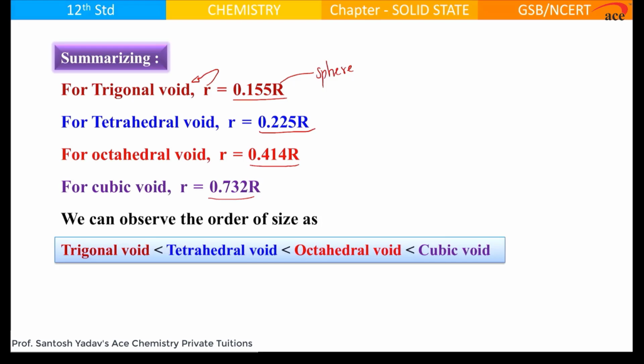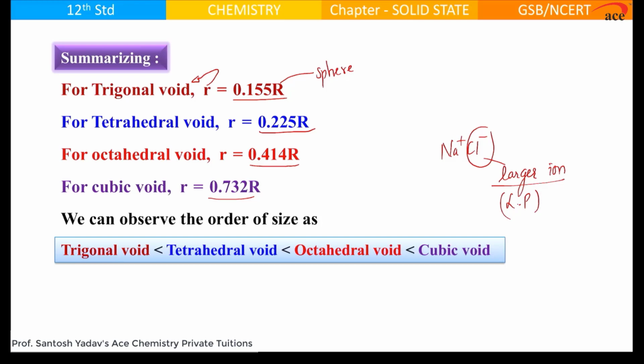Now when you go to the next part of ionic structures, remember, any ionic compound like NaCl, we know Cl minus is the larger ion. Now we will consider the larger ion as lattice points. I suppose you remember the word lattice points.